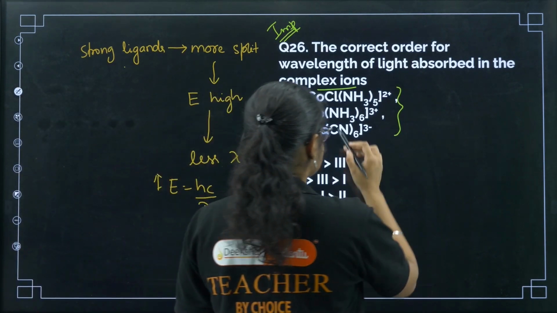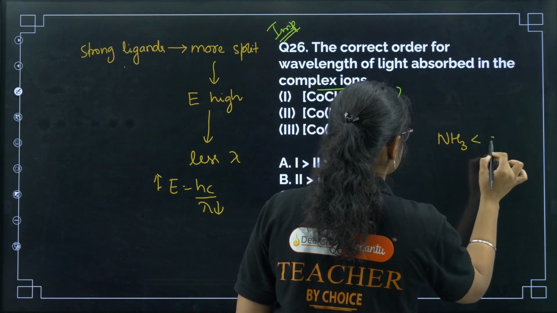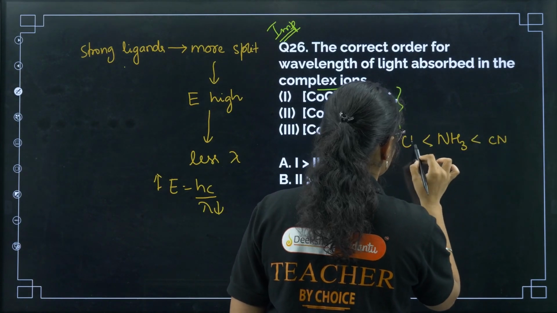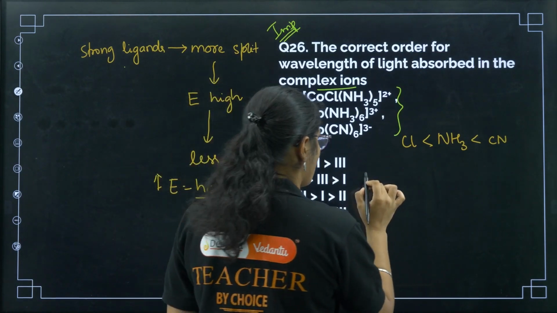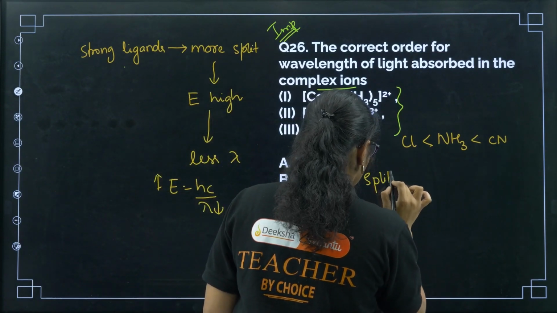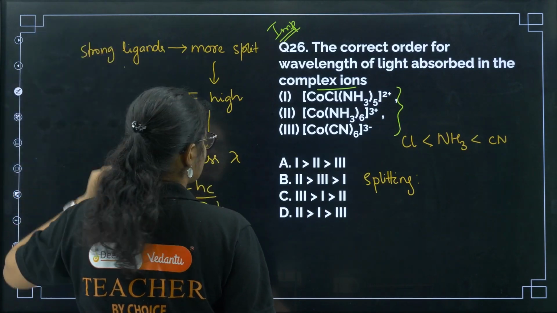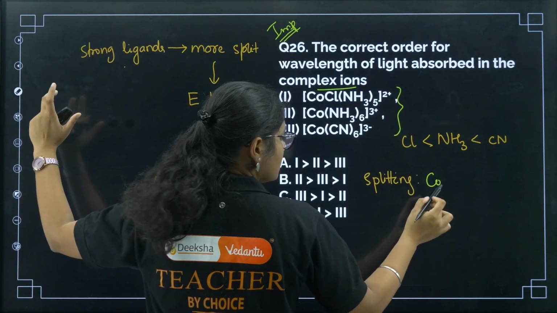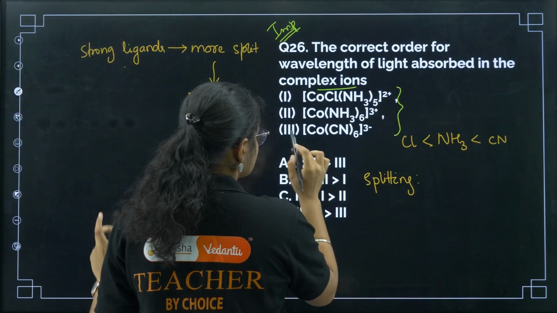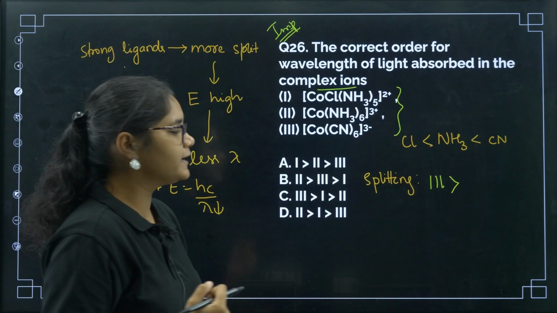Now if you see these ligands, NH3 ligand, then we have CN ligand, and then we have chlorine ligand, right? So according to the splitting, if I write the order of splitting of these complexes, I'll write only the numbers. The third one will split highest. Why? Because it has CN ligands.